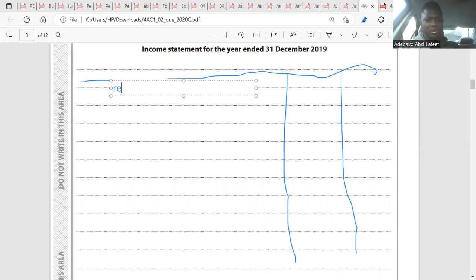Your revenue, then the amount of revenue, which is 210,000. That's for revenue, you take it to your credit side. I don't know how to put it here. Let's see if I can.